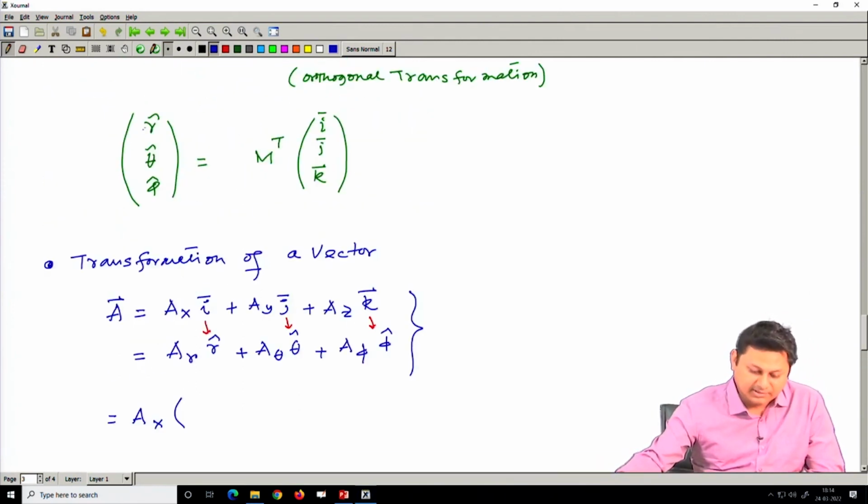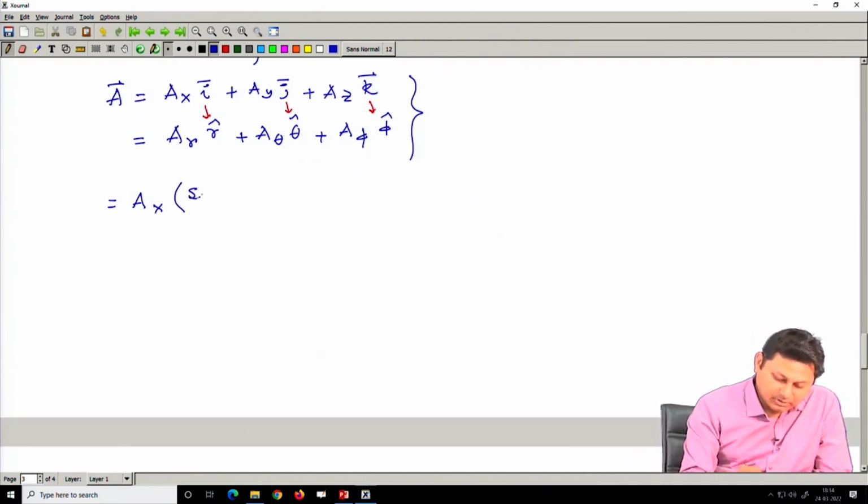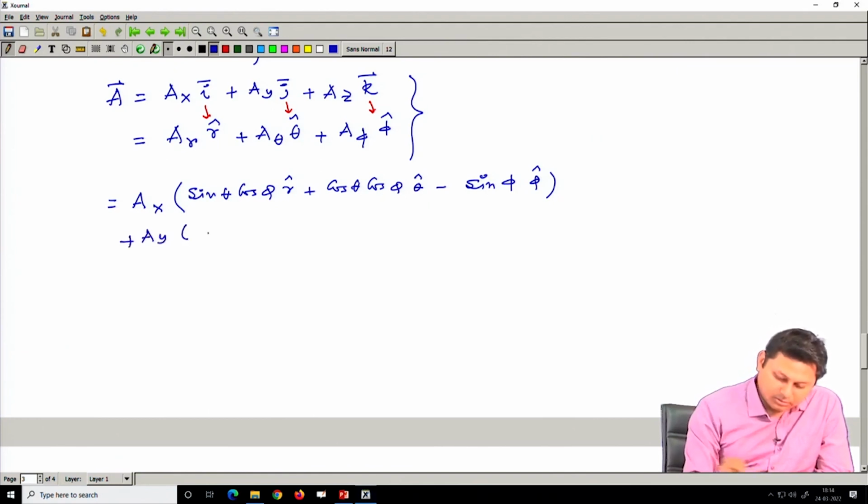That matrix is there, so I can use this matrix and I am going to get sin theta cos phi r unit vector plus cos theta cos phi theta unit vector minus sin phi phi unit vector. That is one term. Then you should do the next one, and finally you will have the last one.